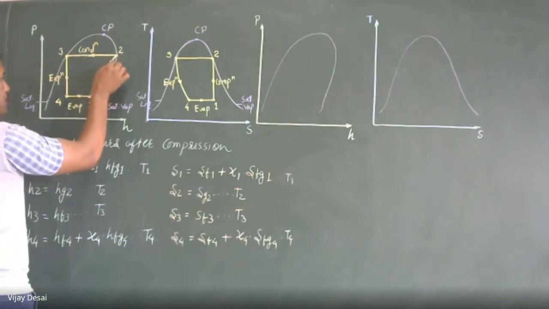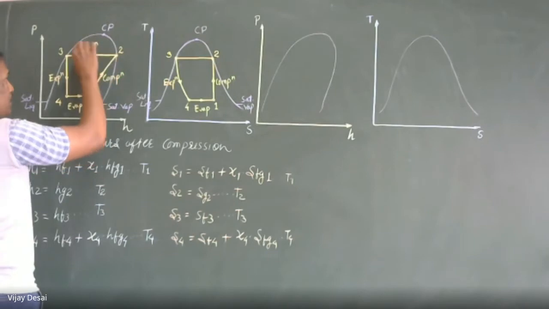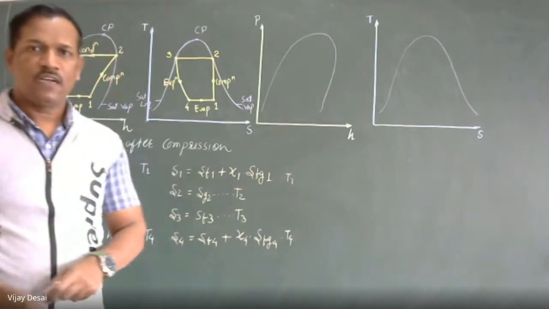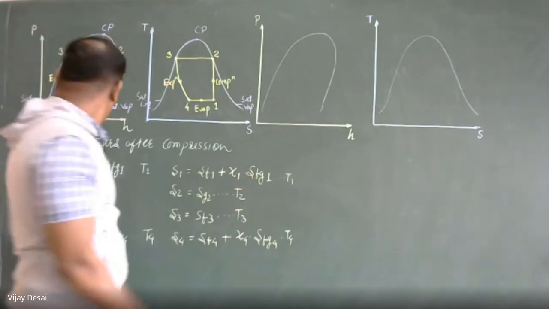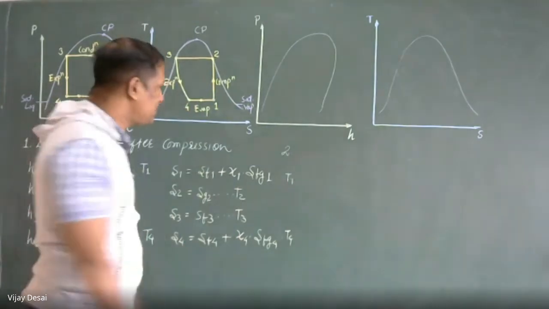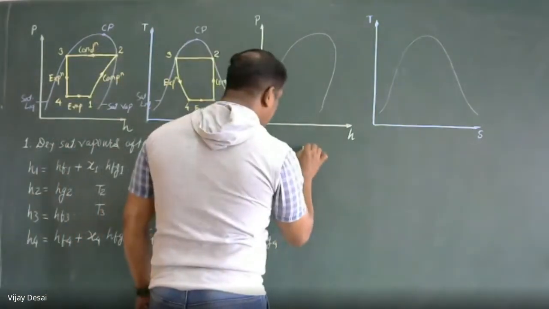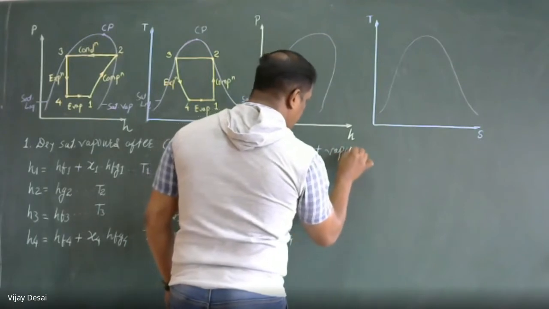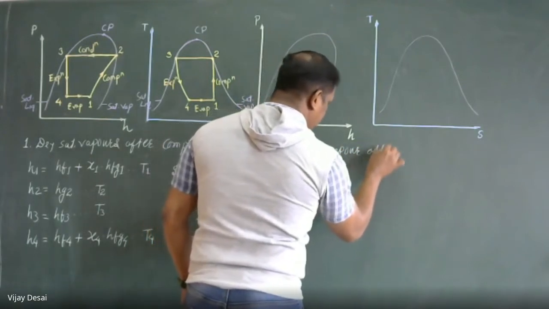After compression we are still in the dome, that means after compression our refrigerant is again in a wet condition. So the second type is wet vapors after compression.